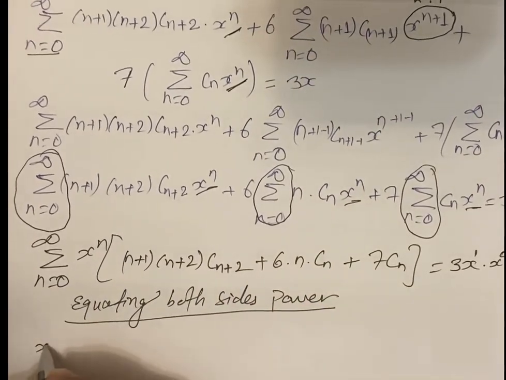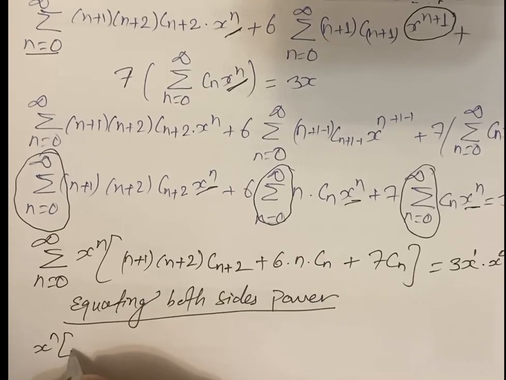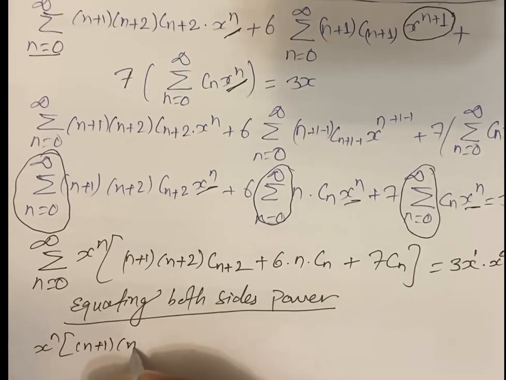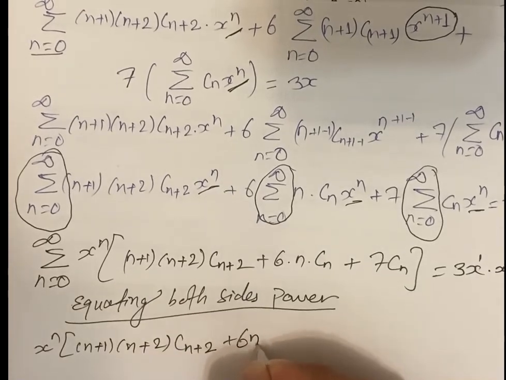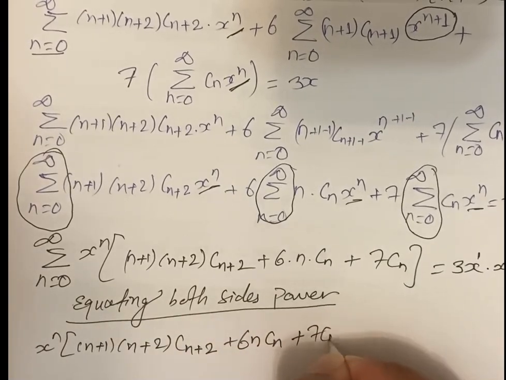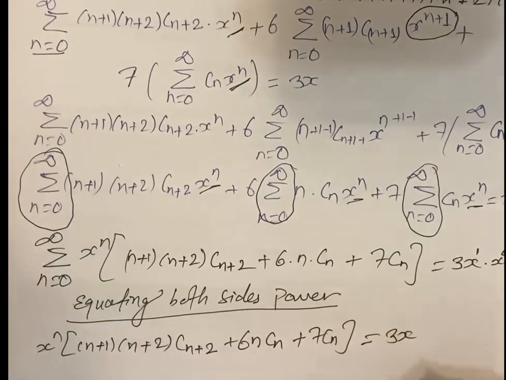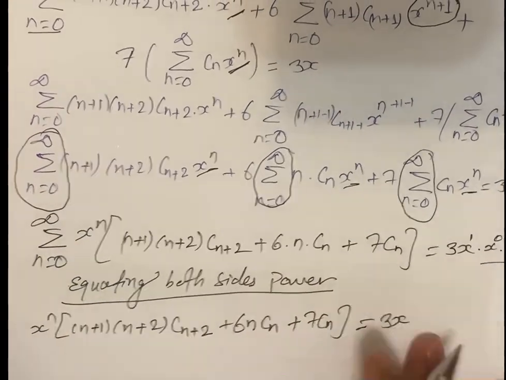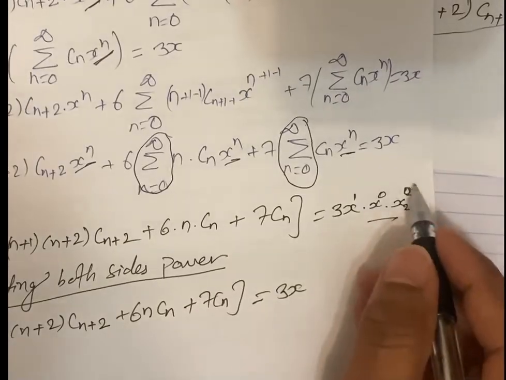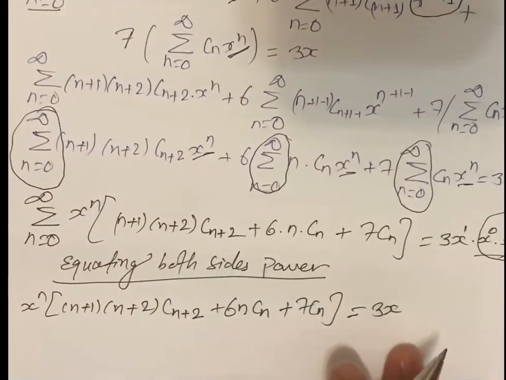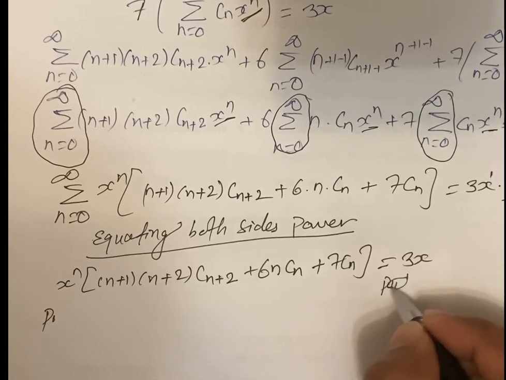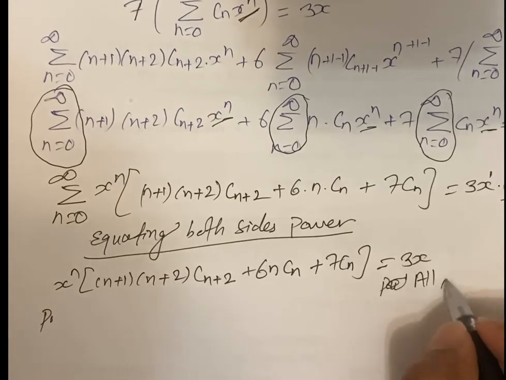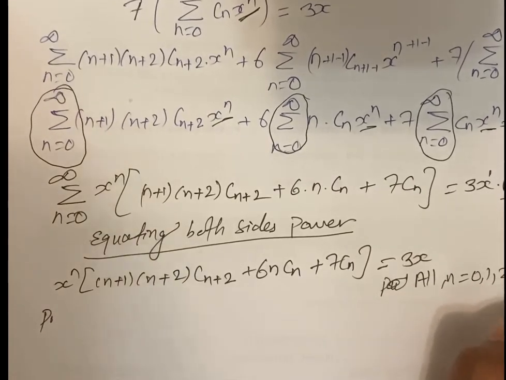Here what we'll get is x^n, (n plus 1)(n plus 2) cn plus 2 plus 6n cn plus 7 cn equals 3x. I showed this just to make you clear, you don't need to show this one. So this is for all n equal to 0, 1, 2, and so on.